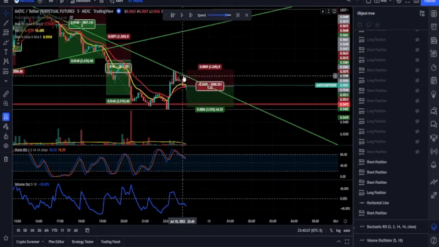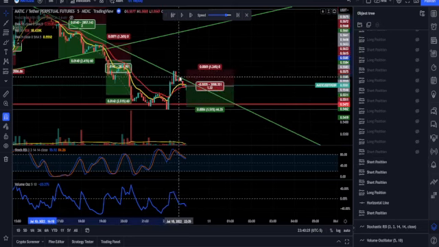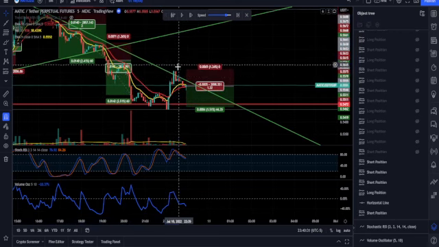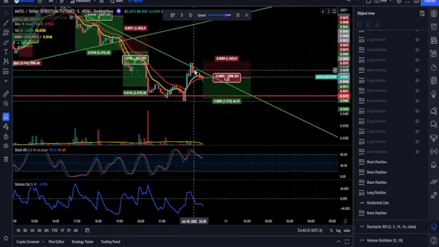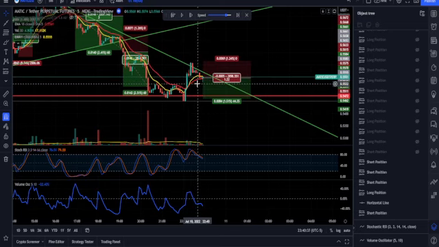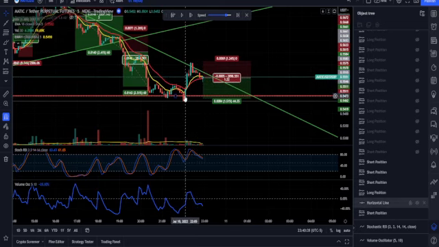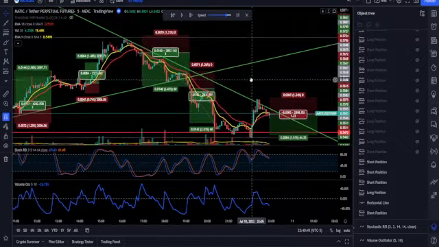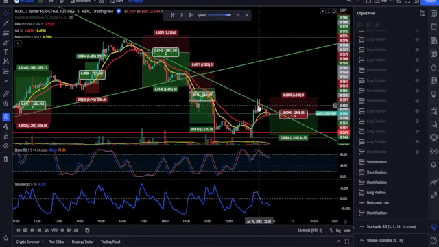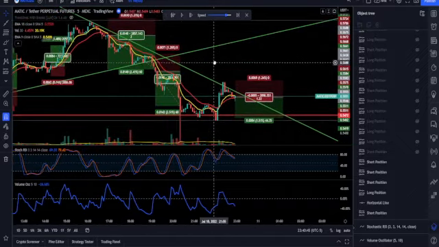I felt if we come down to there, then we barely even popped up and popped back down. So I felt that was a good enough hint that the trend line is still continuing forward.